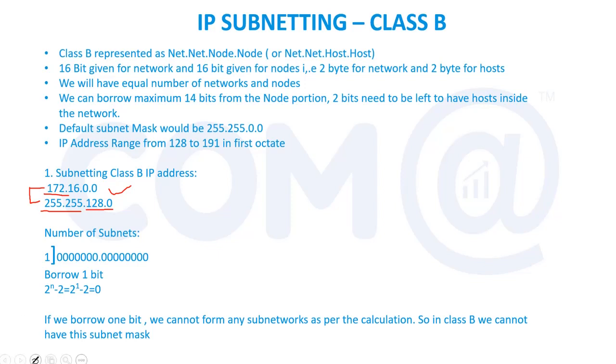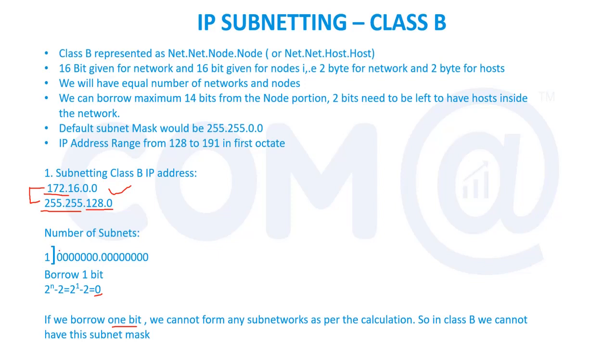Suppose I'm borrowing 1 bit out of the 16 bits. Borrow 1 bit, 2 power n minus 2, so it is 0. If I'm borrowing 1 bit, then there is no host available, so we cannot do any kind of subnet calculation. In class B, we cannot have this subnet mask, since it is not possible to build the hosts.